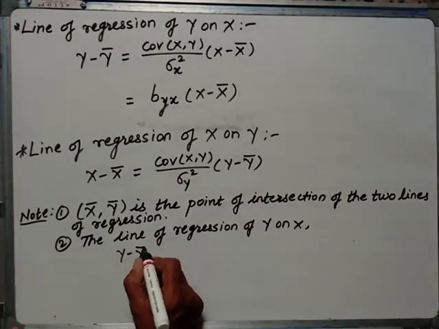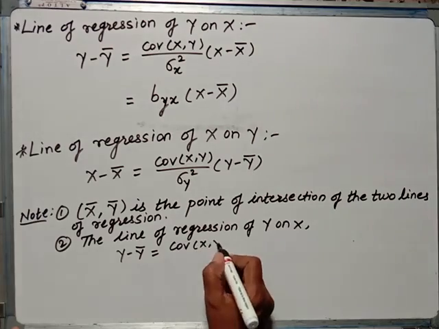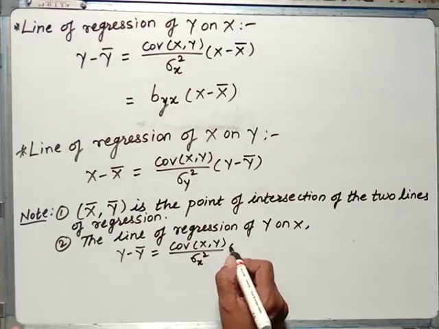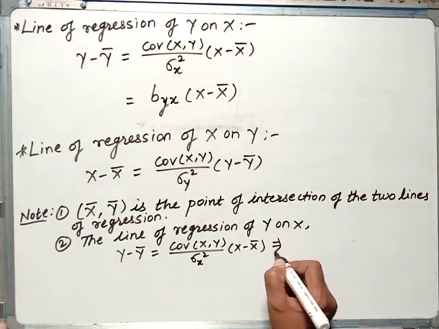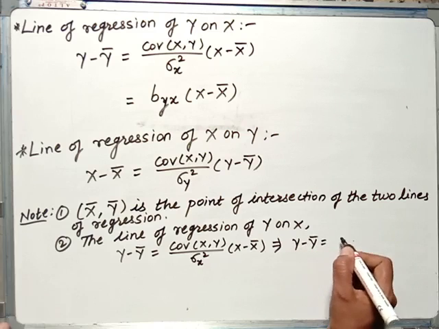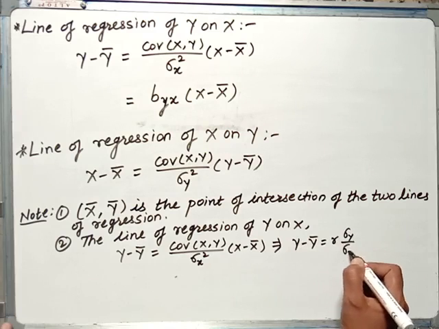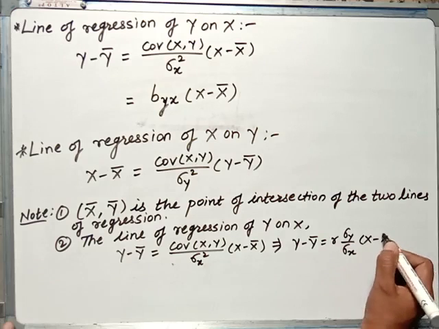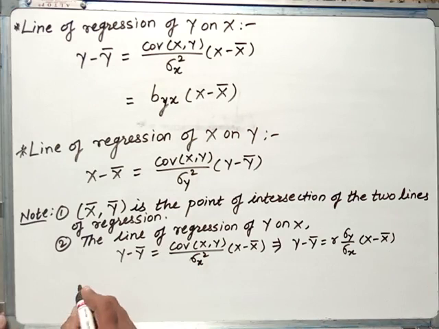Y minus y bar is equal to covariance between x and y upon sigma x square into x minus x bar. It can be written as y minus y bar equal to r into sigma y upon sigma x into x minus x bar.